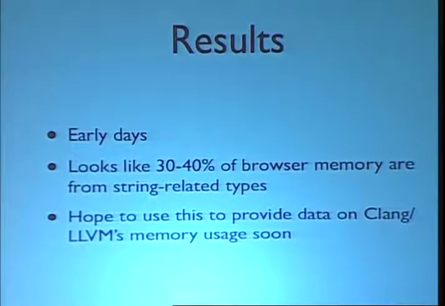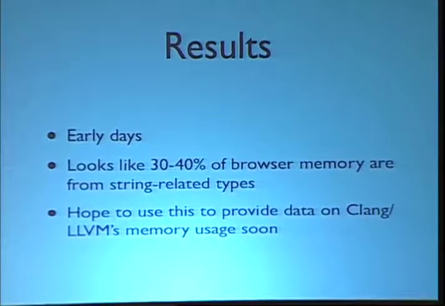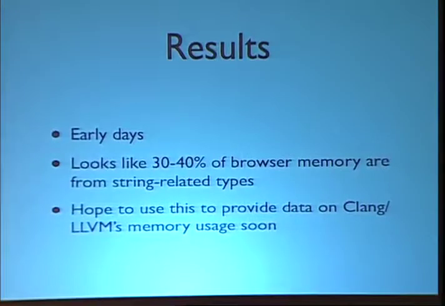We have a prototype that's actually working, does multi-threaded allocation tracking and so on. And it looks like 30 to 40% of Chrome's memory usage in the UI process is due to strings, which is interesting, I guess.